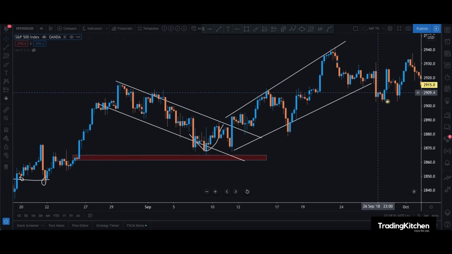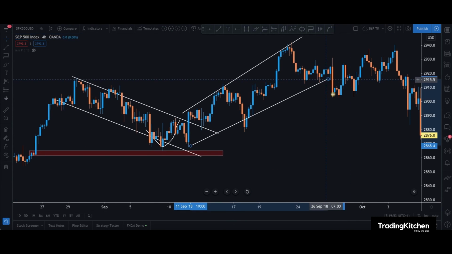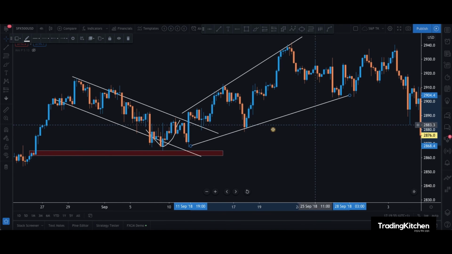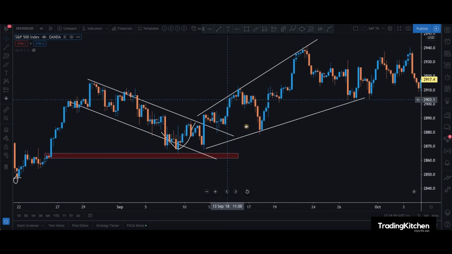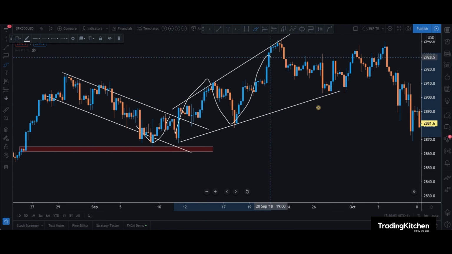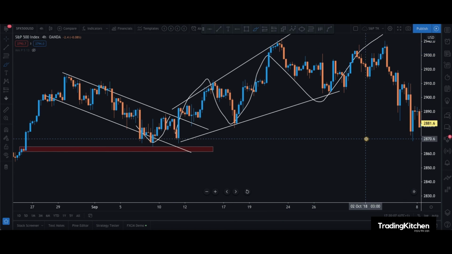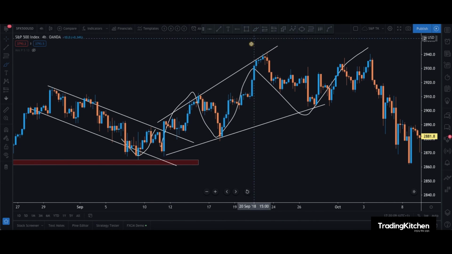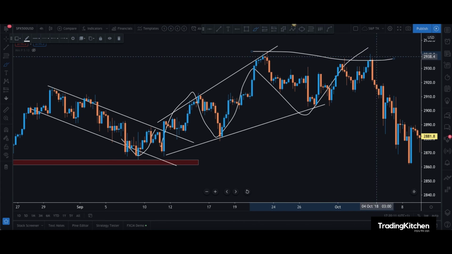We can do it like this. 1, 2, no, sorry, 3, 4, and then goes up here. Oh, sorry. Price goes up. Maybe double top.